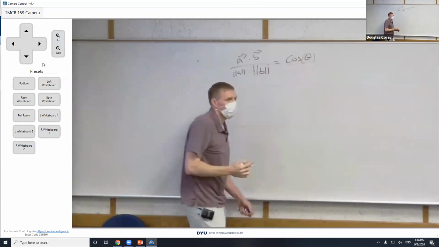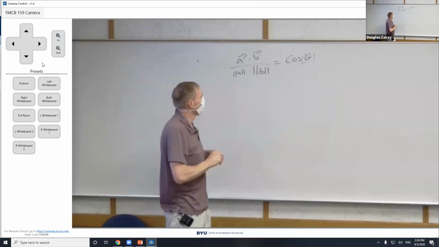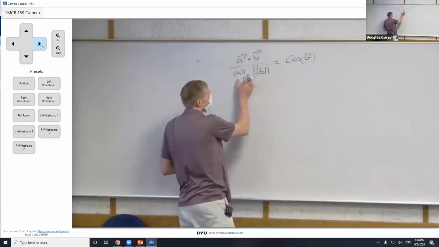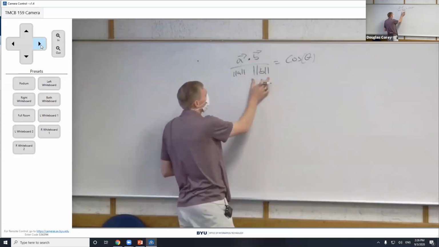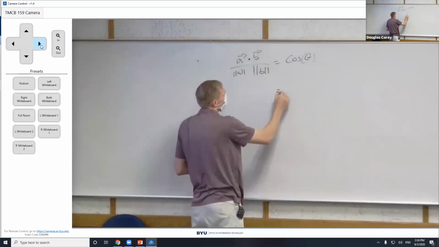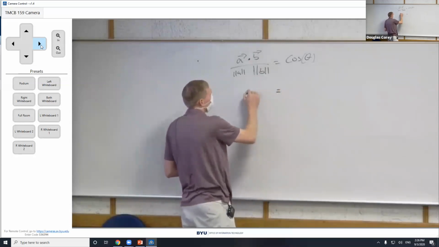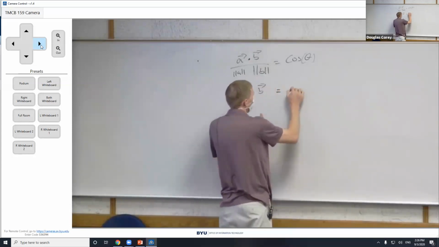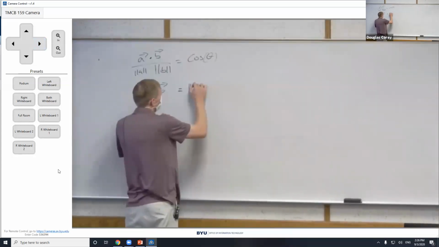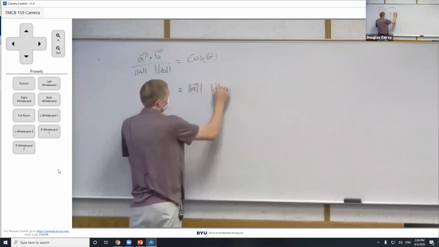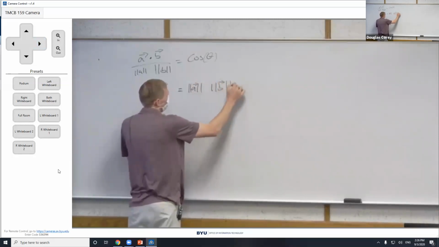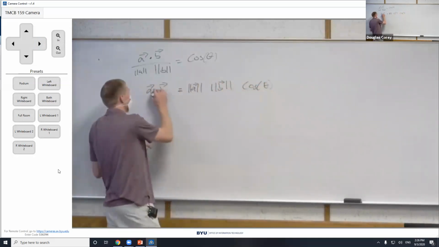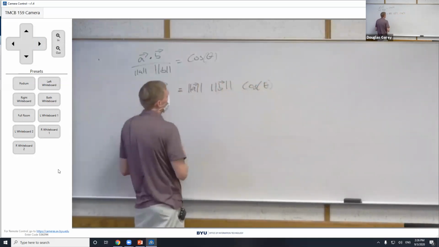I rearrange this equation. This is the dot product up here. These are just numbers, so this is just real number multiplication down here. If I rearrange this, I get A dot B equals the length of A times the length of B times cosine of theta. These are just real numbers.